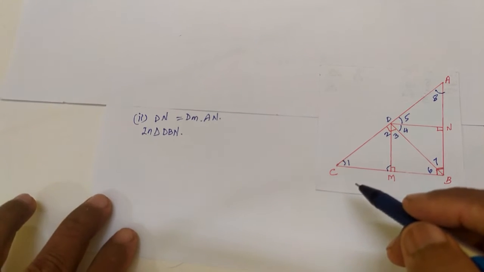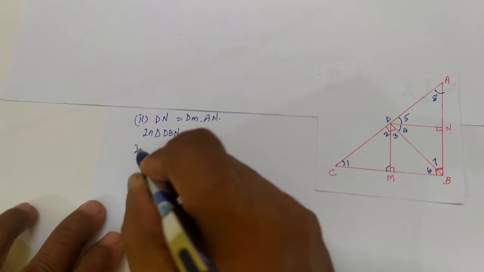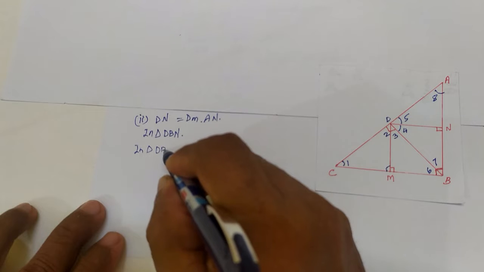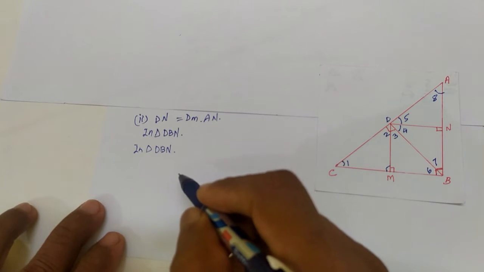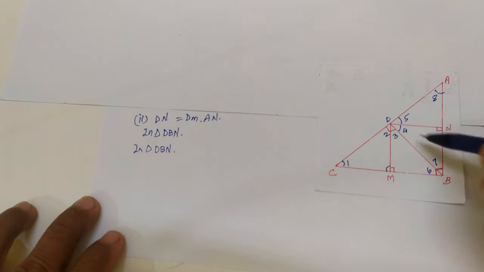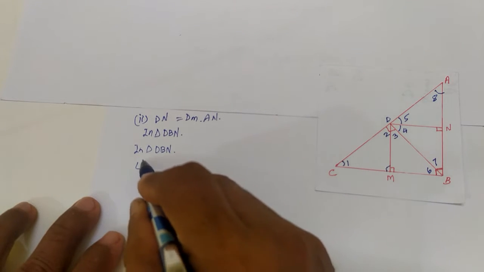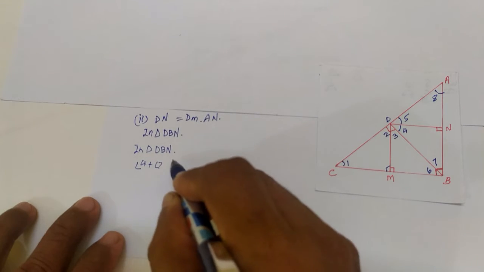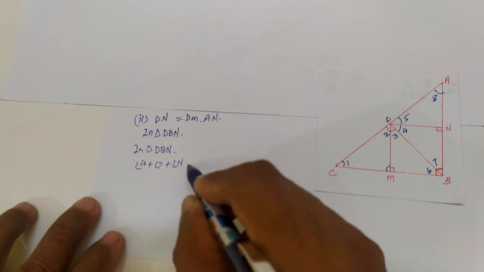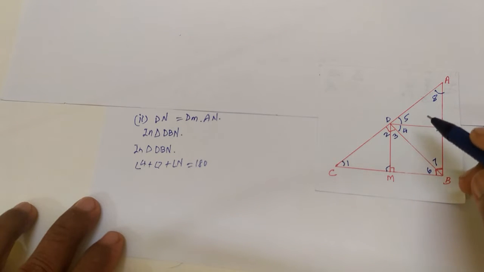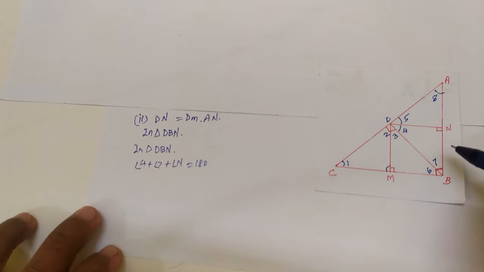So in triangle DBN, we can say angle 4 plus angle 7 plus angle N is 180, the sum of the three angles of a triangle.